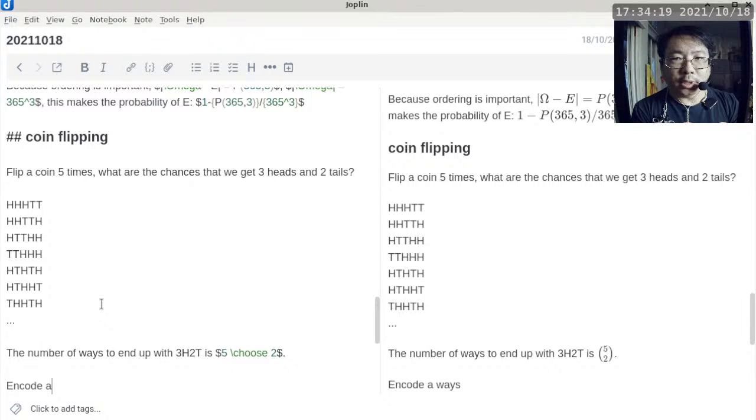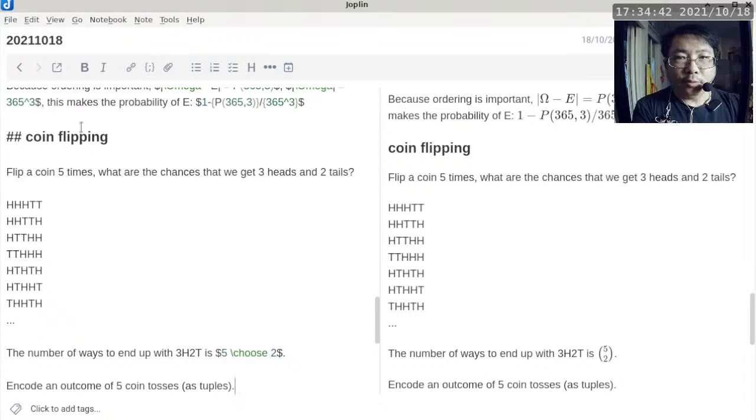Encode an outcome of 5 coin tosses where ordering matters, as tuples. We're going to have a new way of encoding, because typically we use tuples. Head, head, head, tail, tail is a tuple, head, head, tail, tail, head is a tuple, and so on. So instead of using tuples, I'm going to choose a different way.